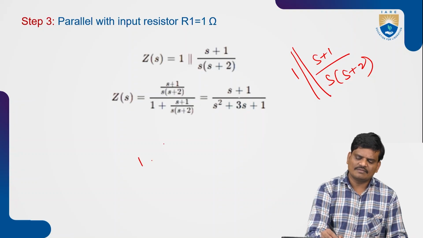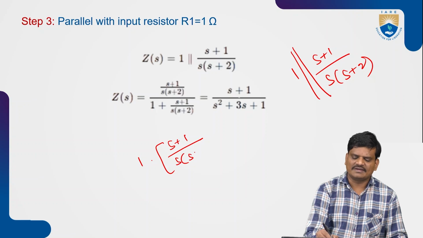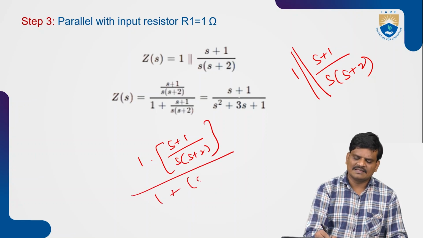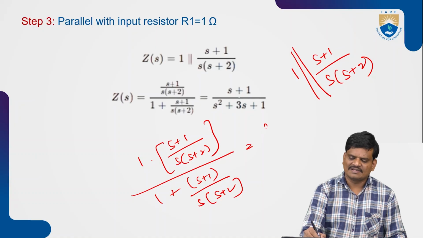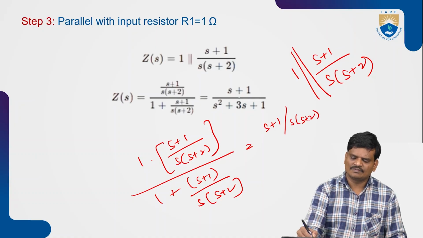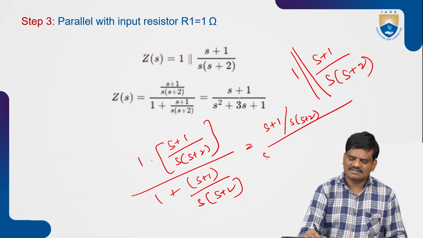So what is the parallel combination formula? 1 into S plus 1 by S into S plus 2, divided by 1 plus S plus 1 by S into S plus 2. Try to evaluate this expression: S plus 1 by S into S plus 2, over S into S plus 2 plus S plus 1 by S into S plus 2.